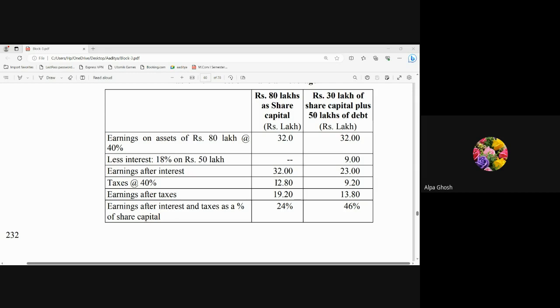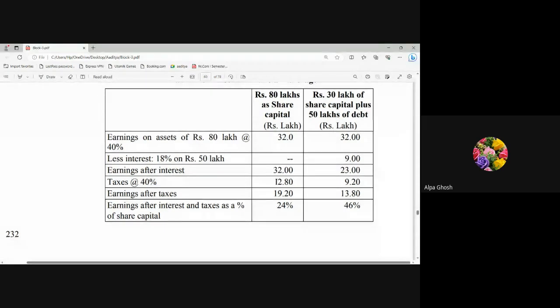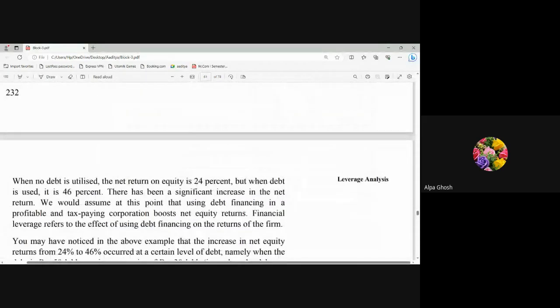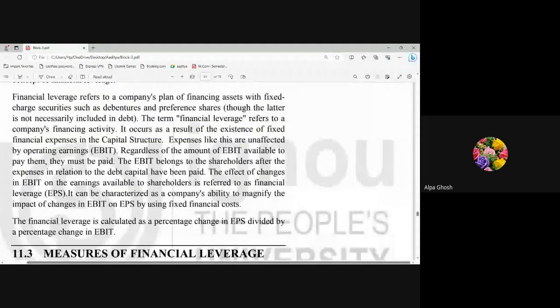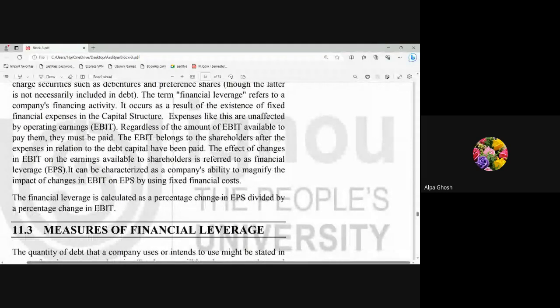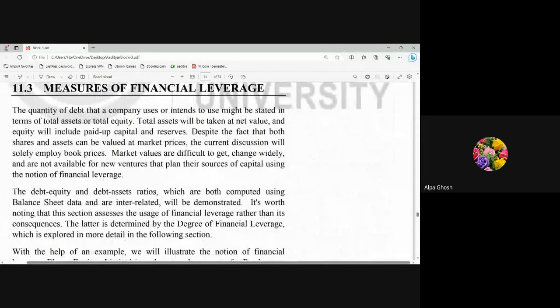It is not 100% shareholders, it is a mix of equity and debt. And when you have more income through the use of debt in the capital structure, this is known as leverage, or trading on equity. I hope I am clear.